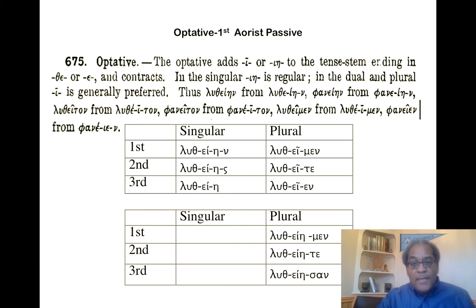So lytheiēn, lytheiēs, lytheiē. And then in the plural you have two different forms, lytheimen, lytheite, lytheien, or a form where the iota is followed by an eta, lythēimen, lythēite, lythēisan. And these are not too difficult if you remember that iota is your mood suffix of the optative. These are actually not difficult to spot at all.